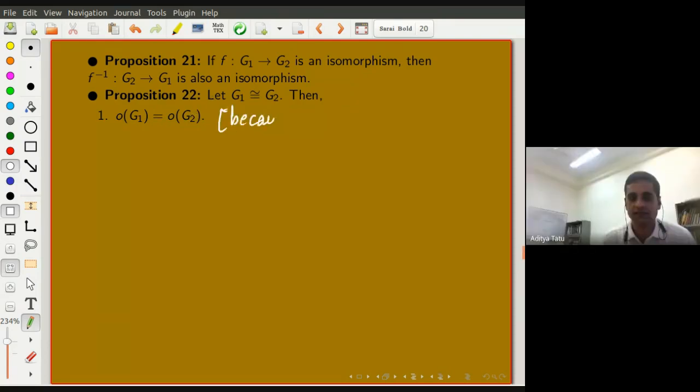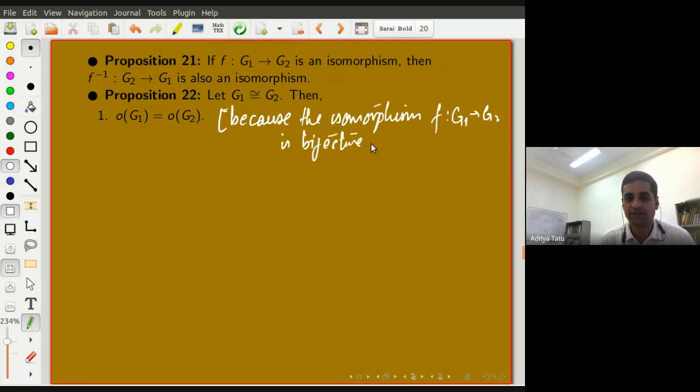Because the isomorphism f from G1 to G2 is bijective. Bijective means same cardinality. And remember, both the groups need not be finite in size. It could stand for infinite groups as well.